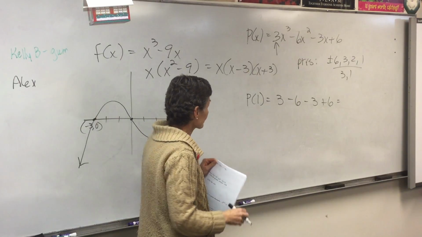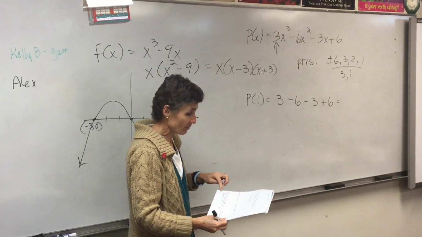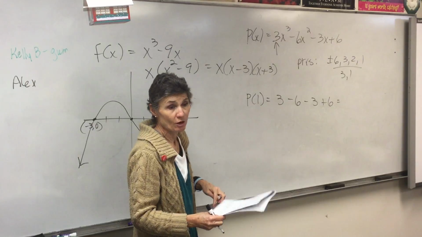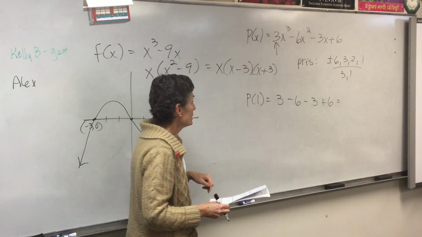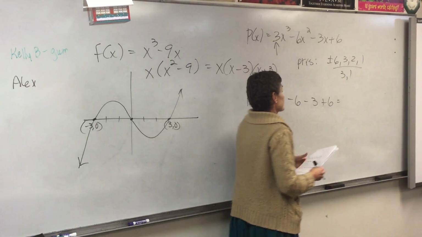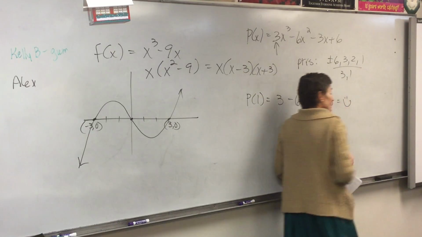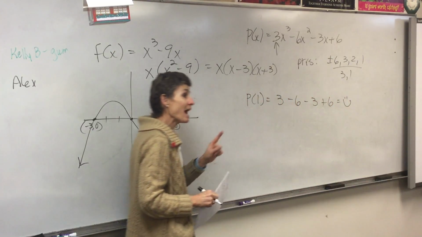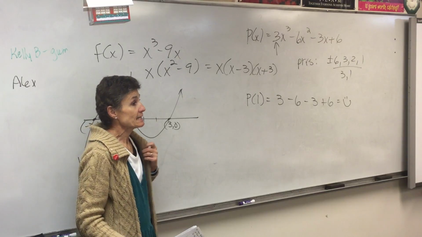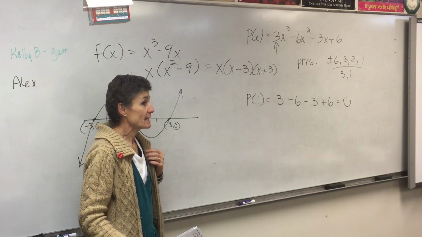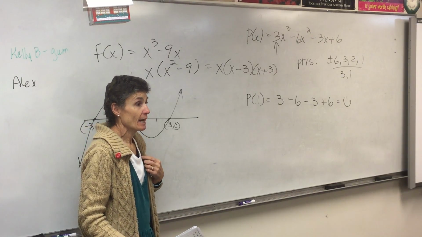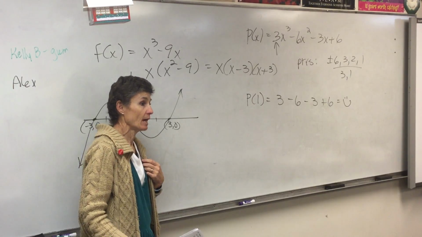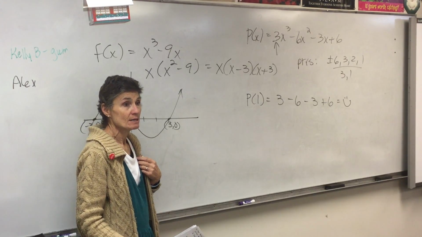This is still no calculator. The only ones with a calculator have stars next to them. If there's no star, there's no calculator. So it looks like that gives me 0. Okay, so I found 1. If it didn't give me 0, I would guess a different number, right? And I would just keep guessing numbers until I got one that gave me 0.